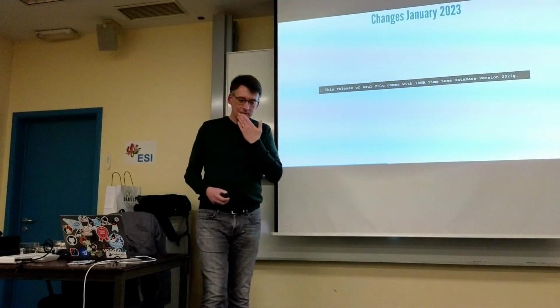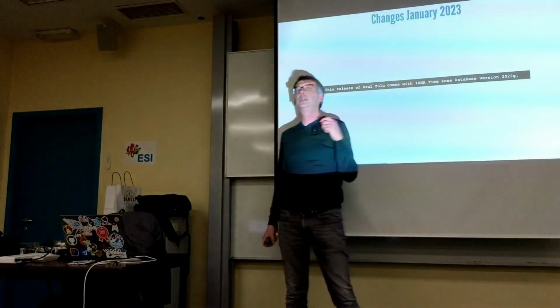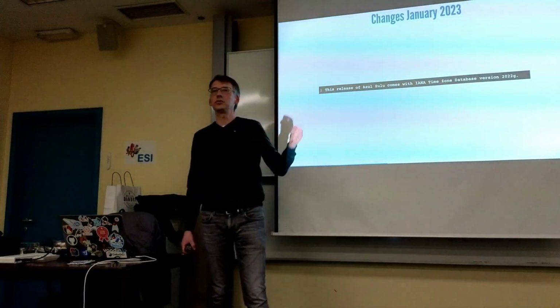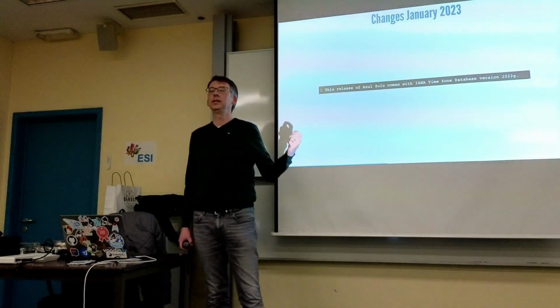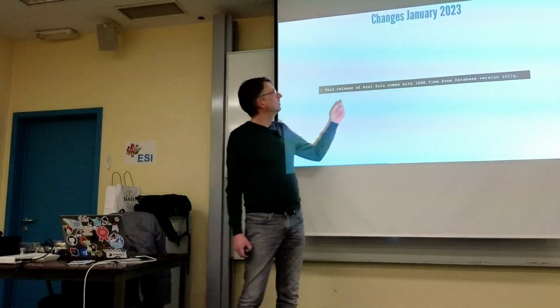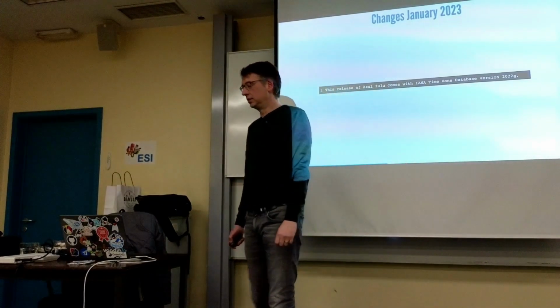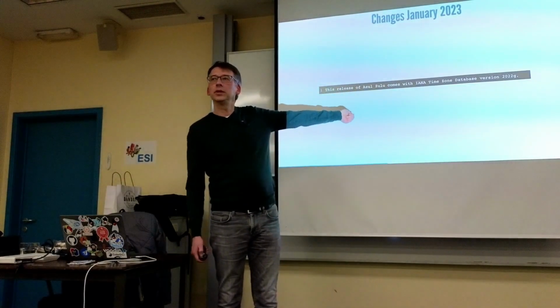And that's one of the lines we have to add to each release note: the version of the time zone database in this release, every 3 months. For instance, in January, it was 2022G. Now, what does this mean? Where does this come from?